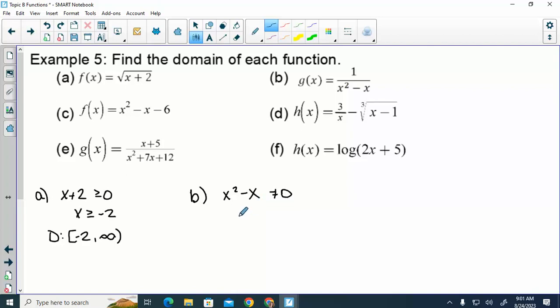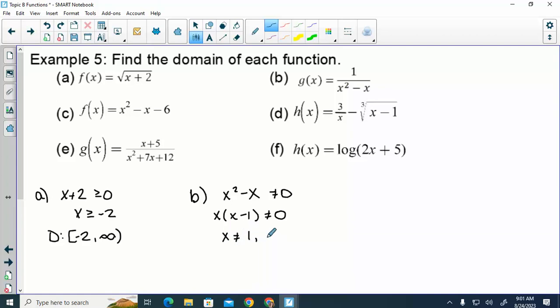We can plug in numbers and see. We could also essentially treat it like it's equal to 0 and solve. What can you take out of this? X. So if I take out x, we're left with x minus 1. That can't be 0, so can you tell me what x cannot be?